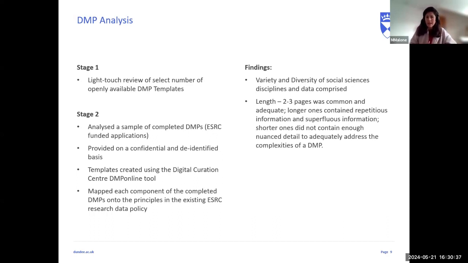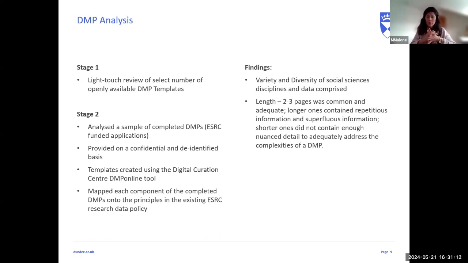So we had a look at a select number of openly available templates, ranging from the Avon Longitudinal Study of Parents and Children, for example, which was one very particular one that is available online, but other ones from different DMP collections, and also, for example, the DMP tool from Science Europe, from the International Alignment of Research, and the Irish Research Council. So a couple of ones that we looked at where we were able to see what the structure of these DMPs is and how we can look at it.